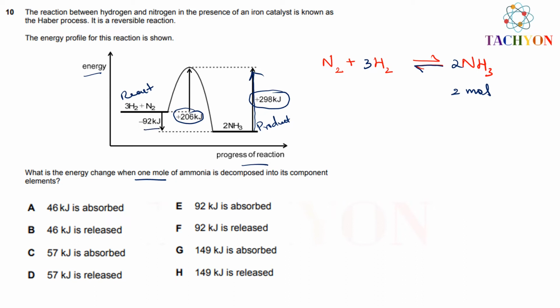So for coming back, for making it reversible, you need plus 92 divided by 2, that is going to be 46 kilojoule. And of course this is a decomposition, I mean you are dissociating NH3, so it will absorb the heat, that is why it is plus symbol not minus symbol, so it is 46 kilojoule absorbed. The enthalpy change, the heat energy, is going to be positive in this case.